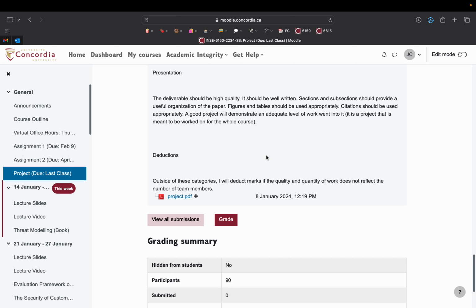The presentation is sort of what the paper looks like, not literally the layout, but the flow of the paper is good. The sections and subsections organize the paper well. It gets you from point A to point B. If you use a picture or a table, that's appropriate, meaning it actually is better to use a picture than to try and explain it in words.